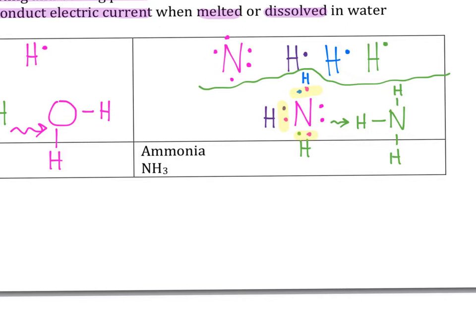And nitrogen, we can see here, has 1, 2, 3, 4, and 5 valence electrons. So it will go through the same process, and each of the hydrogens shares one of its electrons with the nitrogen, and the nitrogen in turn shares one of its electrons, so that we have a bonding situation like this.